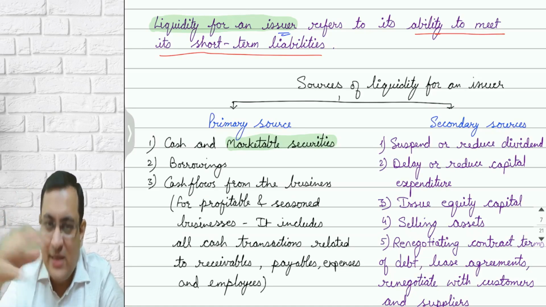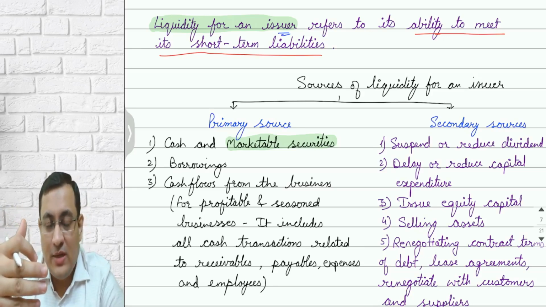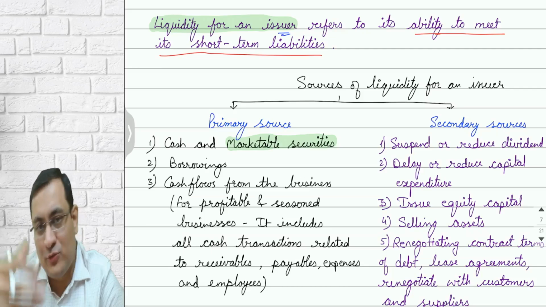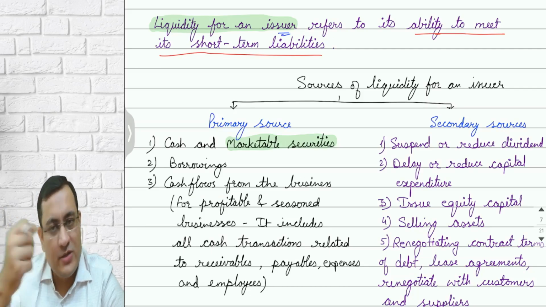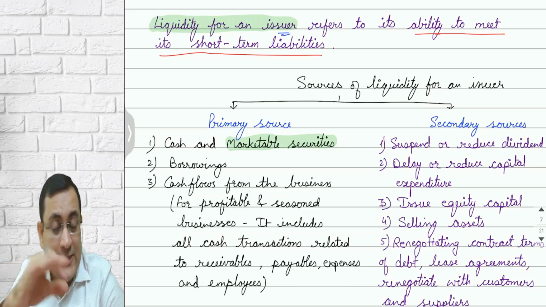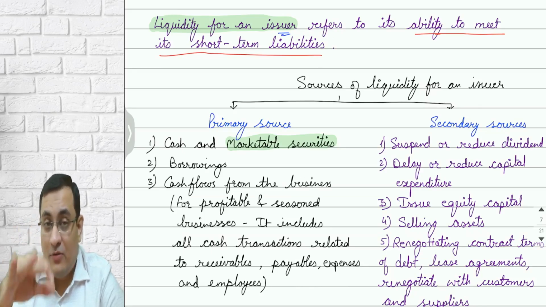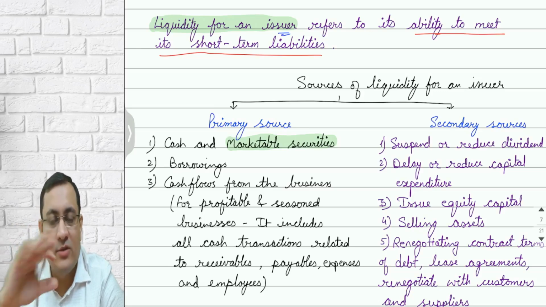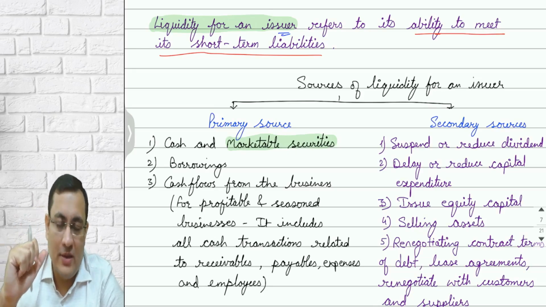From these activities we must be generating some cash, which can be used for paying your short-term obligations rather than paying investor dividends. For a seasoned, matured business, yes, it will be generating positive cash flow. But for a growing startup, initially the business generally burns cash, so there will be negative cash flow and this source will not be available.